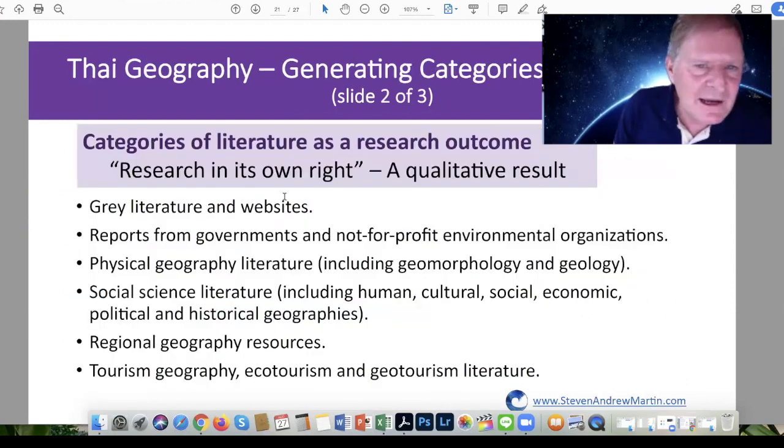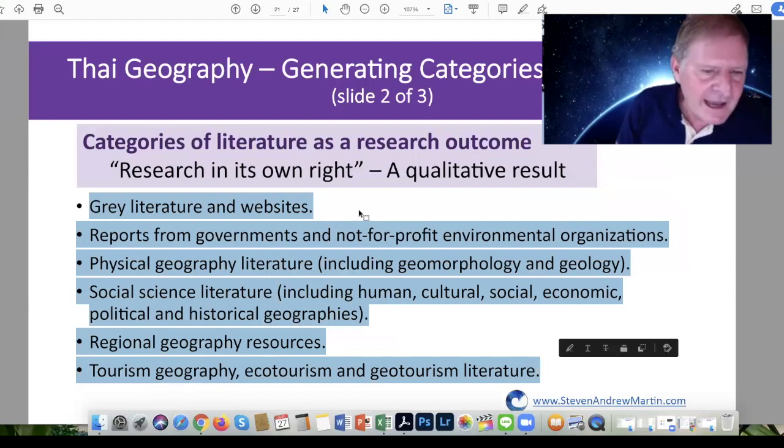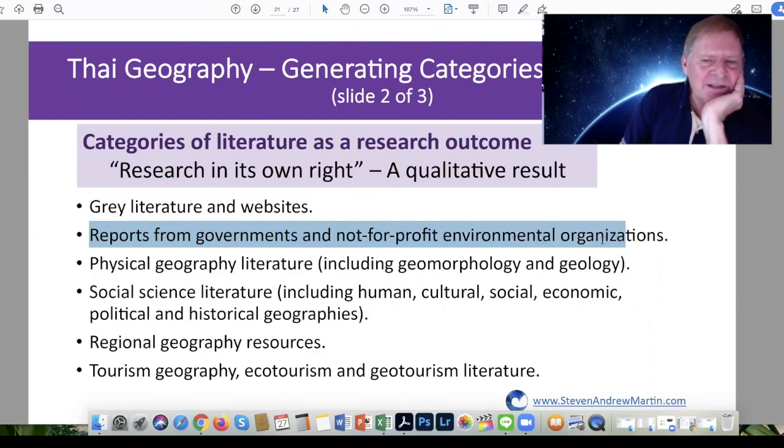Again, I stayed away from the term systematic in this case, but this is straight out of my paper, and I justify why gray literature and websites are so unique and important in this study. And there was lots of this.